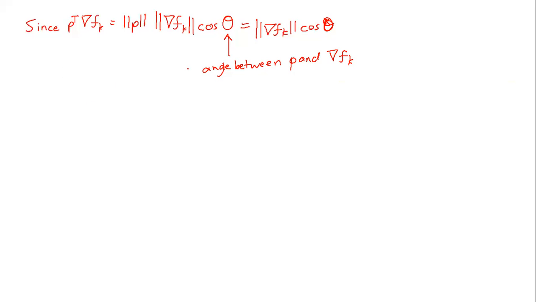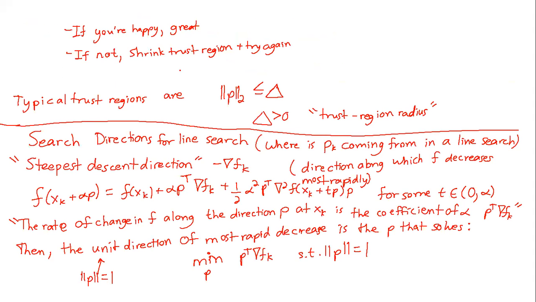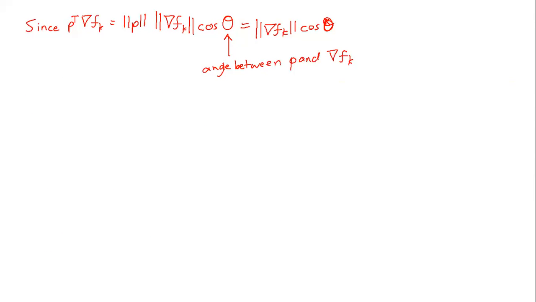So then the way to make this as small as possible is to get cos theta equal to -1, and say, okay, the smallest possible value of this is at negative norm of del fk, which happens when cos theta is -1. And then the p is going to equal negative del fk over the norm of del fk.